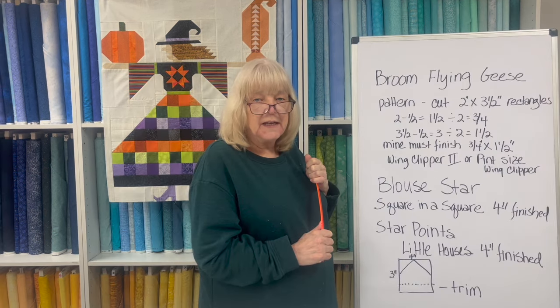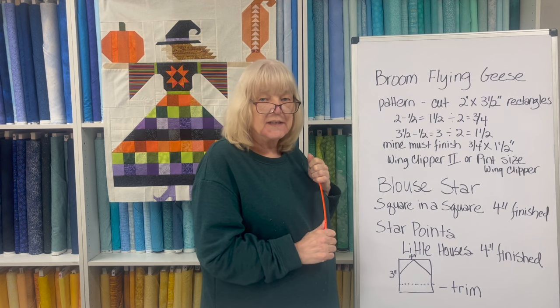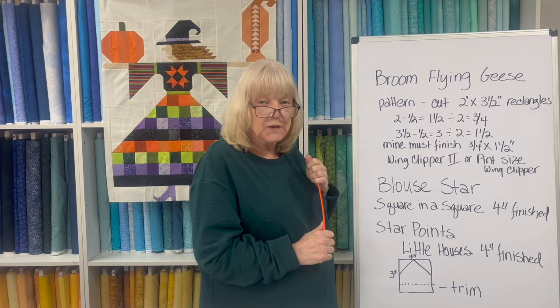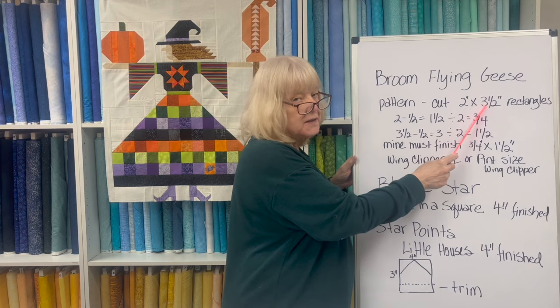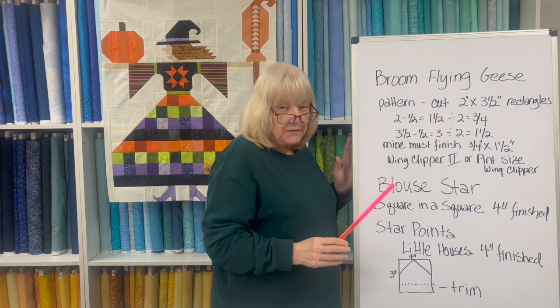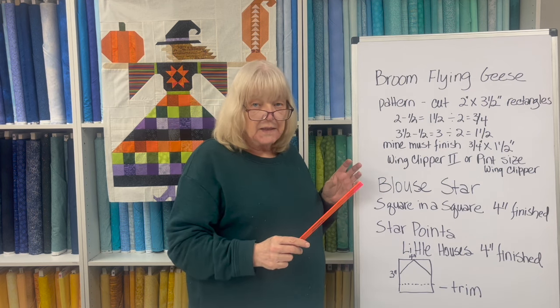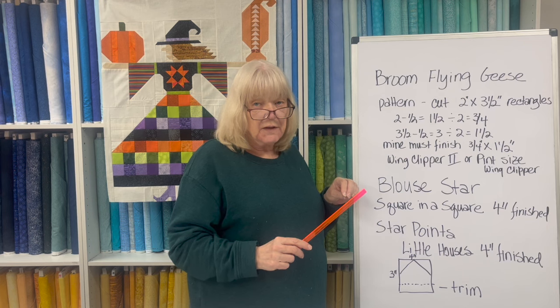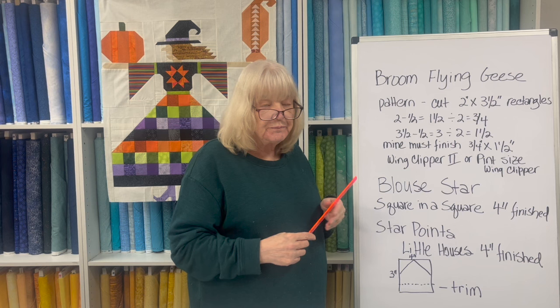To make the flying geese for the broom handle, you first have to determine what size the flying geese are in the original quilt. So I looked at the pattern and it said to cut 2-inch by 3.5-inch rectangles. Clearly, they're making the flying geese using a rectangle and 2 squares method, which I don't like because it wastes fabric.